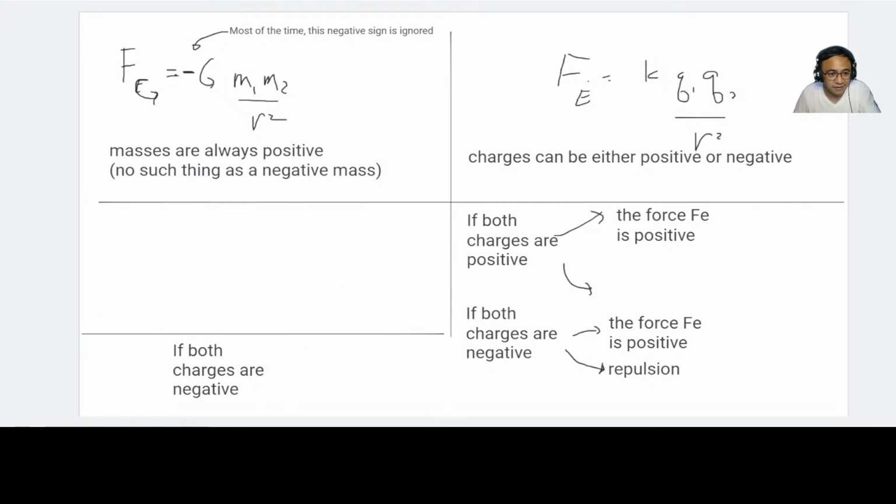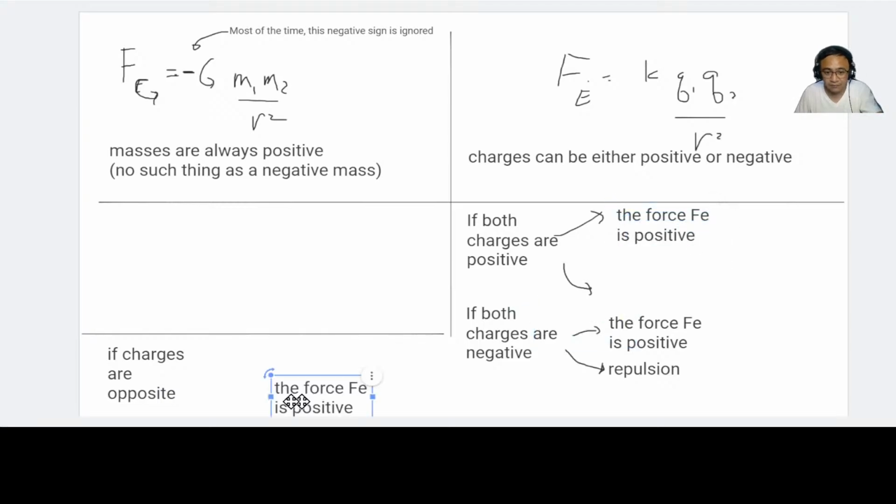If we have a positive and a negative charge, if charges are opposite, so we have one positive and one negative, what does that do to the force? Does it keep it positive or negative?